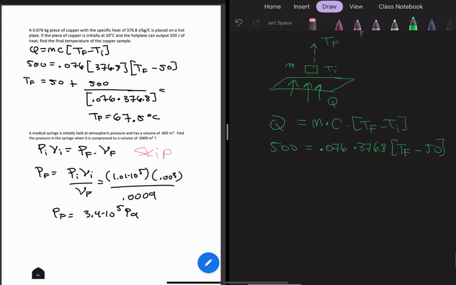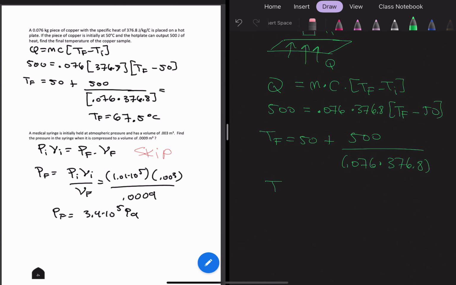And so here, doing the algebra, temperature final should be 50 plus 500 over 0.067 times 376.8. And that should give you a final temperature of 67.5 degrees Celsius.